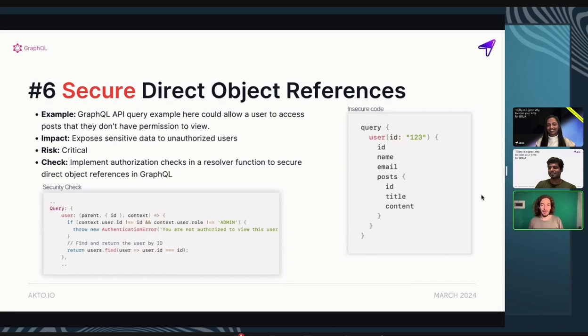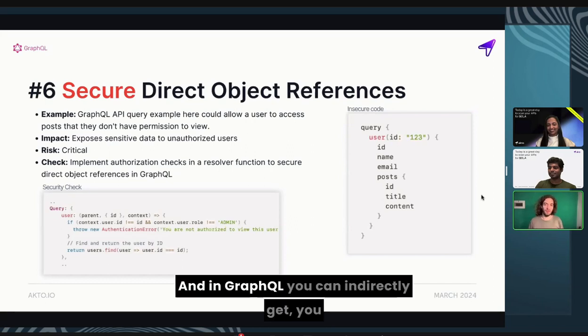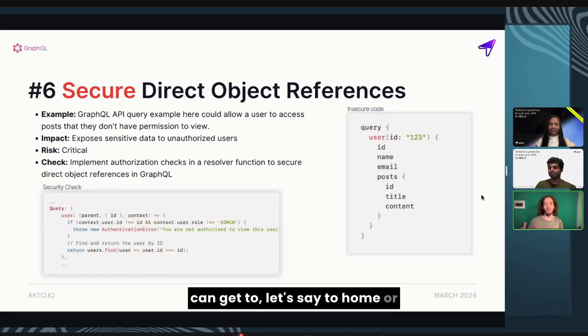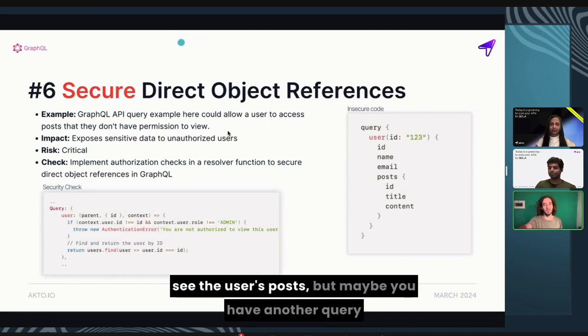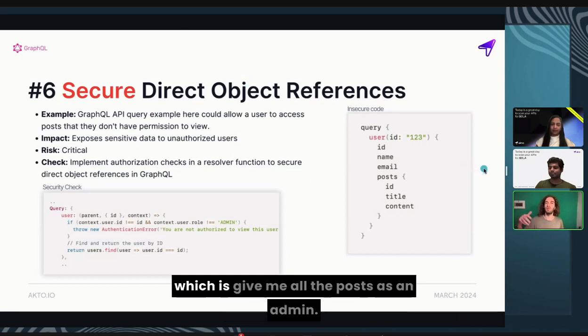So in GraphQL, you can indirectly get to, let's say, the home or the home service in many different ways, right? You can have the user, and you see the user's posts, but maybe you have another query which is give me all the posts as an admin.